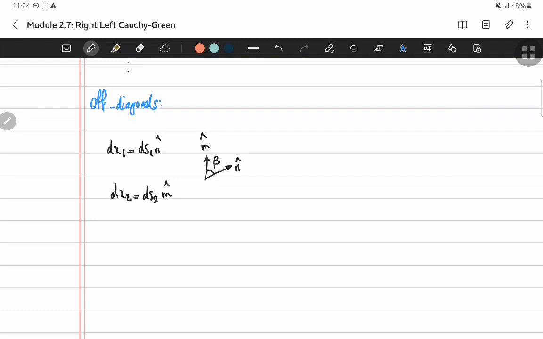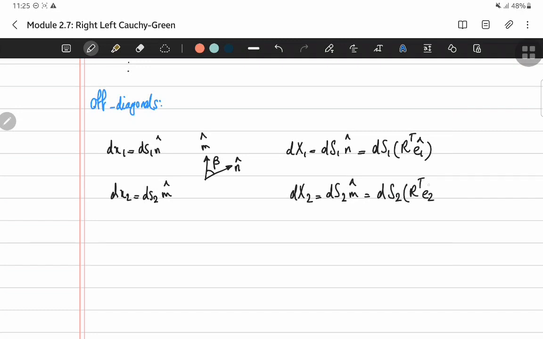They are not necessarily perpendicular, but we have dx1, which is ds1 n, where this n is basically ds1 R transpose E1, and dx2 is basically ds2 m, ds2 R transpose E2, for example.